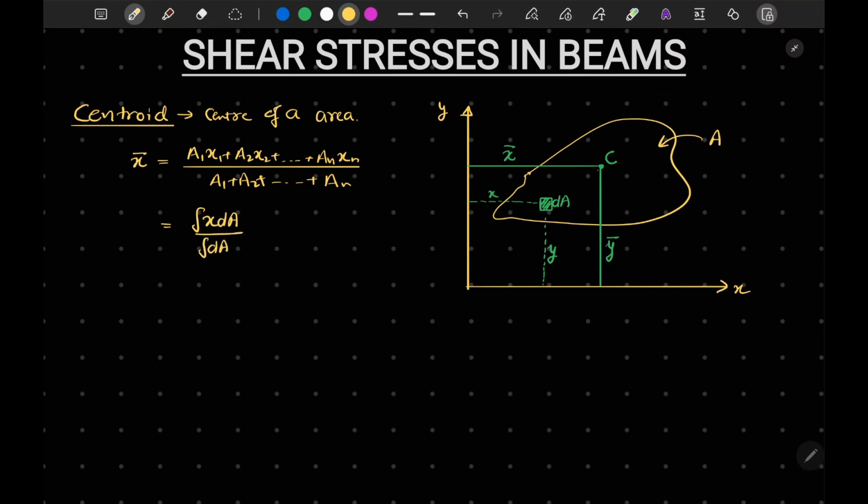And this centroid is also known as the first moment of area.